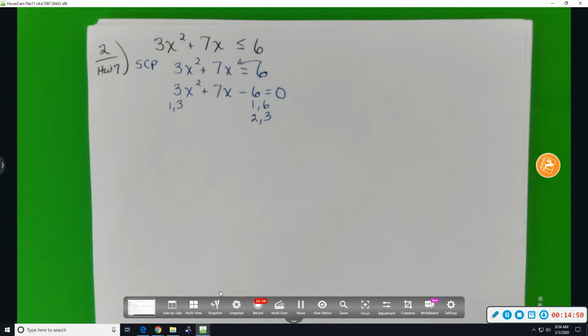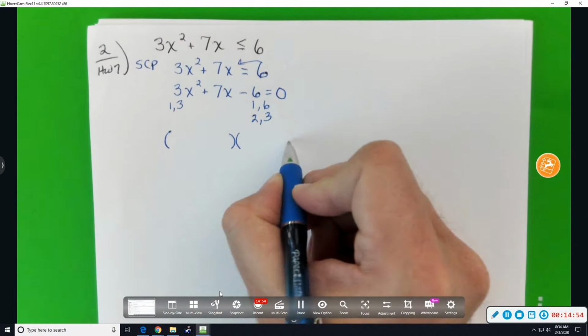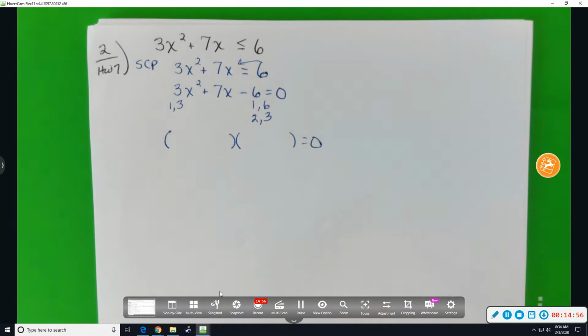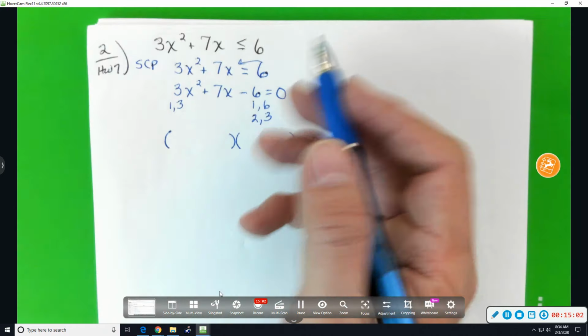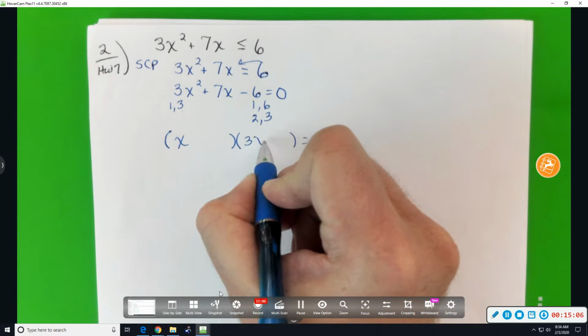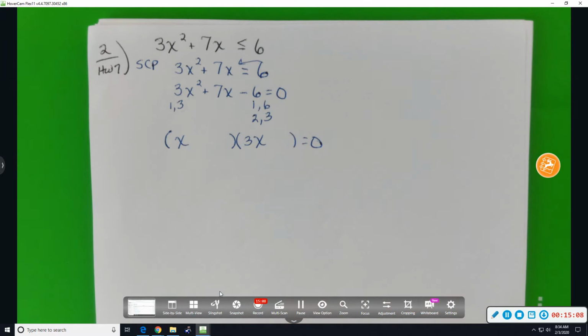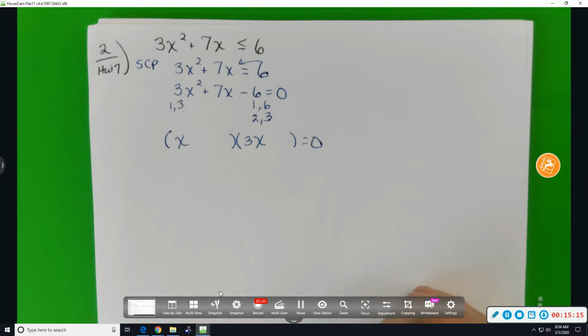Let me draw my 2 sets of parentheses. There's not any possibilities other than 1 and 3, so I'll put 1x and 3x. And I think I'm going to pair it with the 2 and 3 first. If you want to try the 1 and 6, okay. I think I'm going to use the 2 and 3.